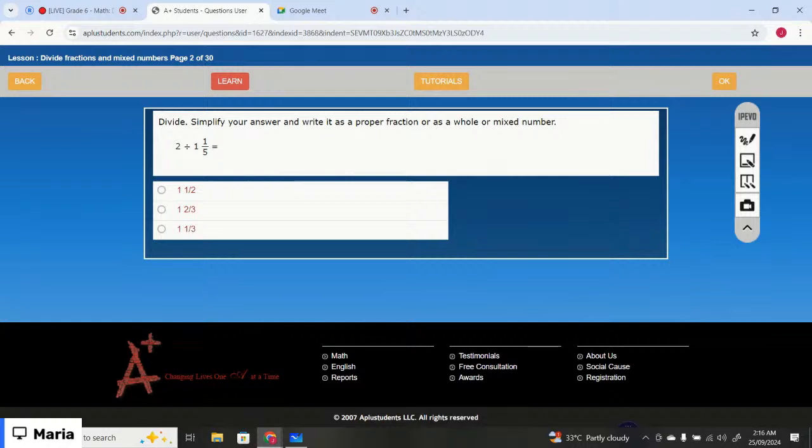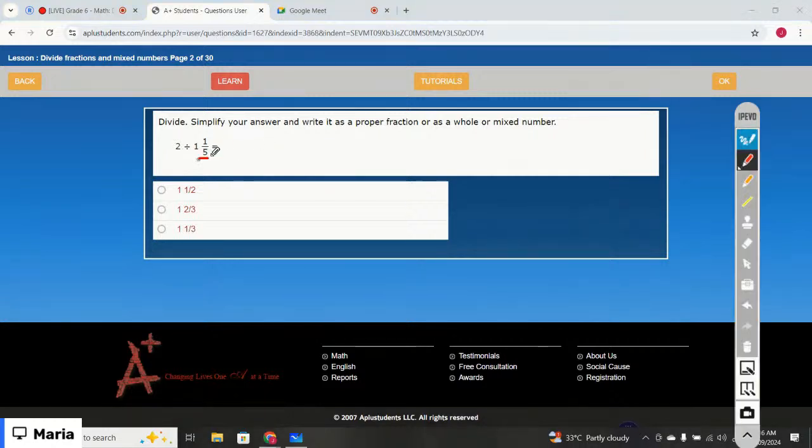2 divided by 1 whole 1 by 5. Let's just convert this mixed fraction to an improper fraction, right? So 5 times 1 plus 1 divided by 5, that is 2 over 1, and 5 times 1 is 5, 6 over 5.